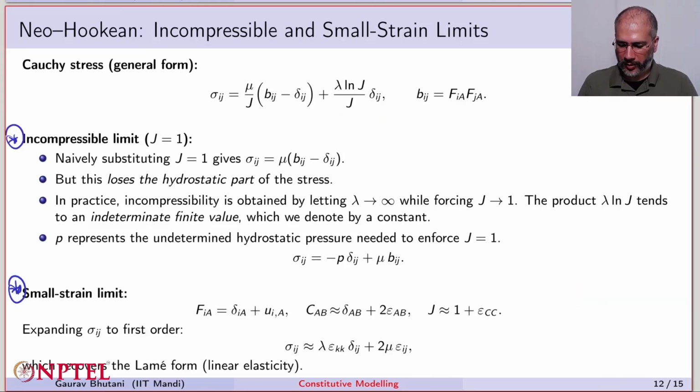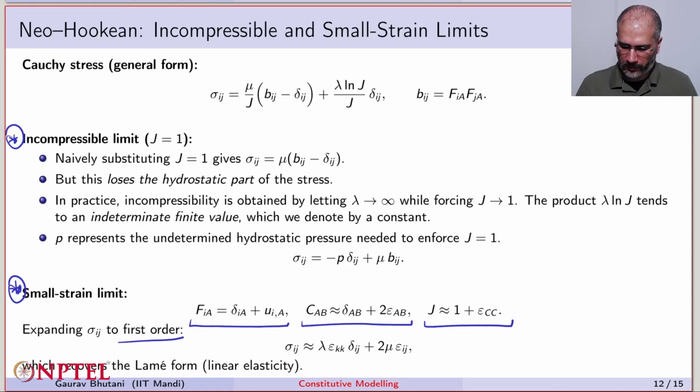So the small strain limit is where our F is given like this, C approximates to this, and J approximates to 1 plus the trace of epsilon when approximating up to the first order. That's very important.